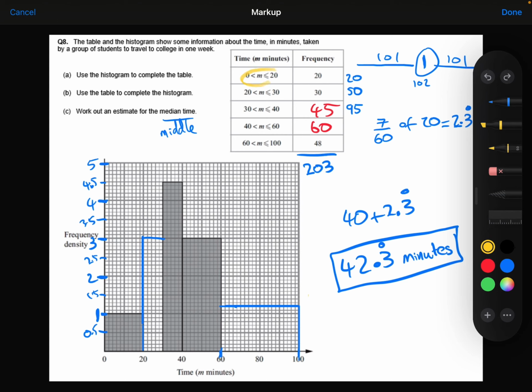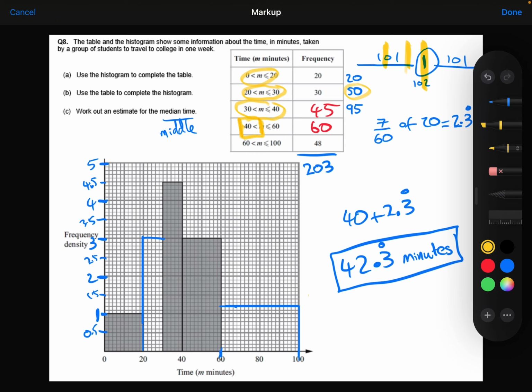The first 20 people are in here. The next 30 takes me up to 50 people I've looked at so far. So that's about here in our line. The next 45 people were all in there, so that took me up to the 95th person. I needed 7 more people to get to there. So that's a certain interval along within this interval.